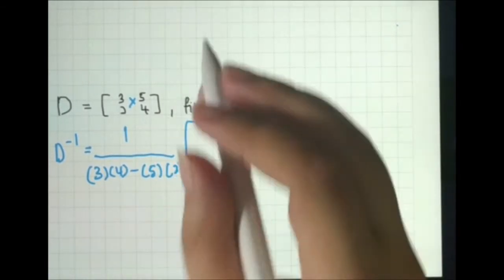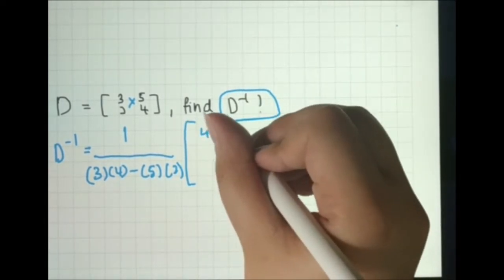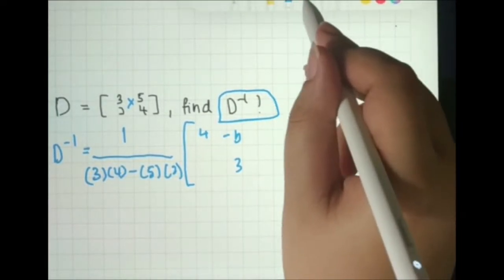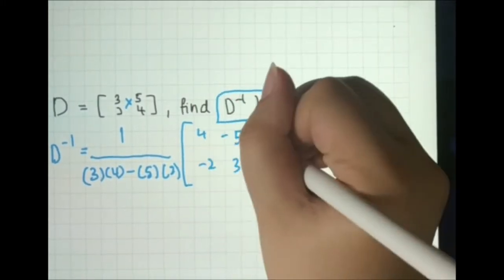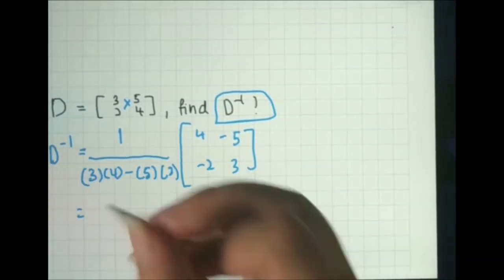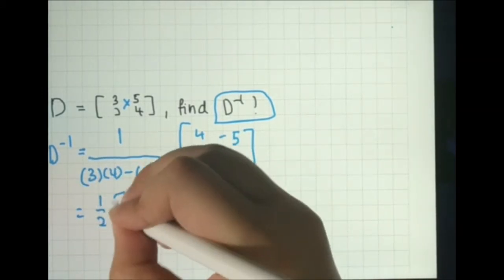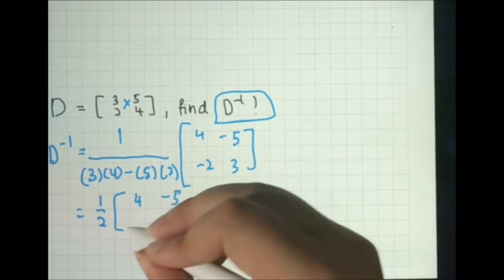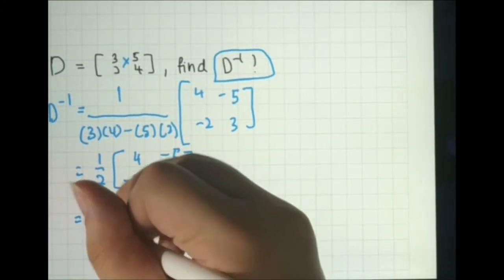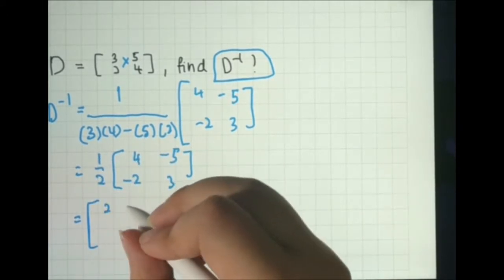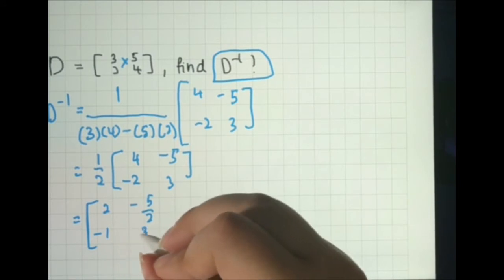Then we multiply it with the matrix. 4 and 3 switch places, and 5 and 2 we add negatives. So 1 over 12 minus 10, so 1 over 2 times 4, negative 5, negative 2, and 3. So the inverse of matrix D would be 2, negative 5 over 2, negative 1, and 3 over 2.